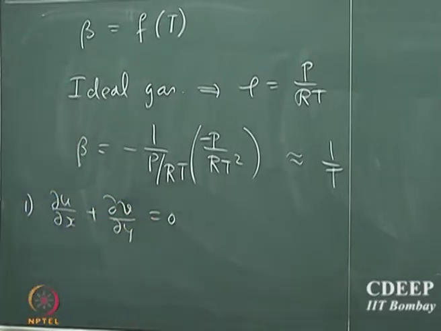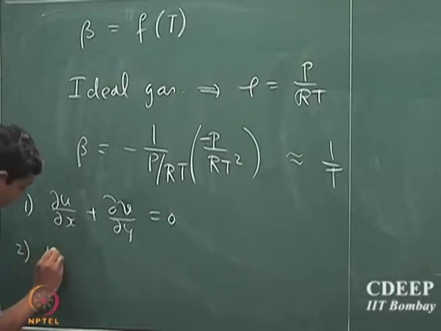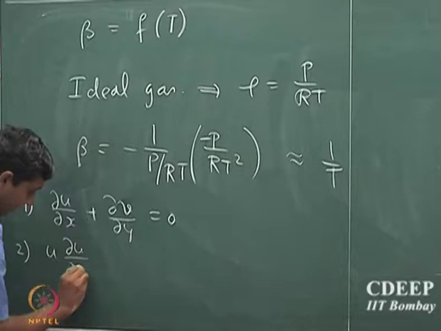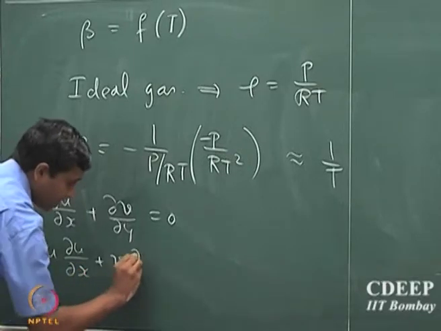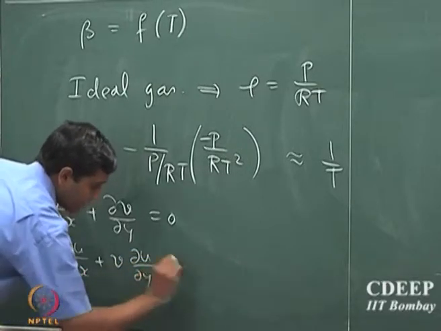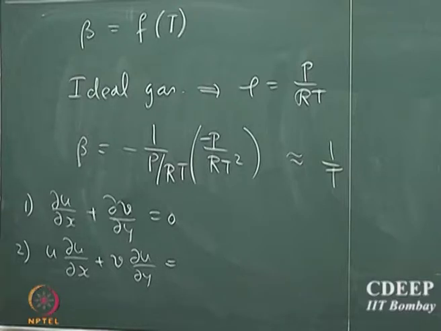That's the continuity equation. Then we have the momentum boundary layer equation, the boundary layer momentum balance. So that will be u du by dx plus v du by dy, that's equal to (rho infinity minus rho) by rho. So that we can replace using the compressibility factor.